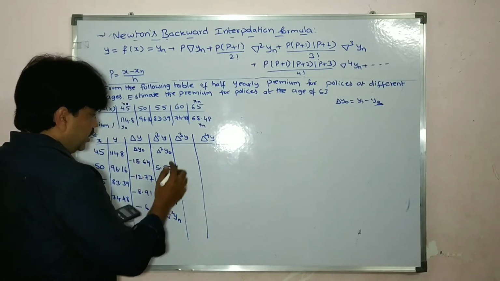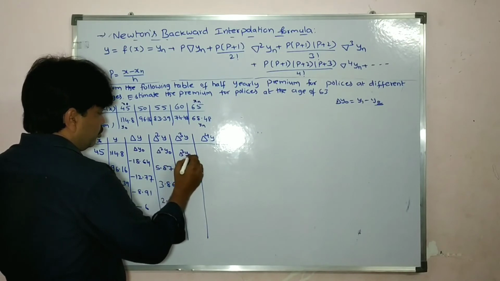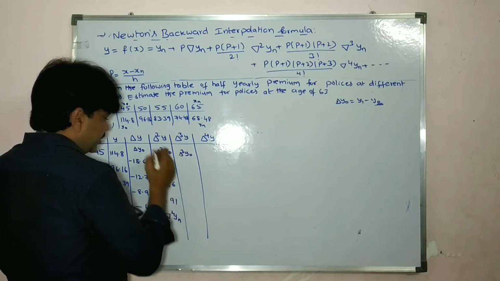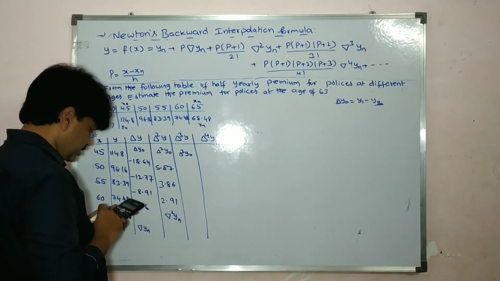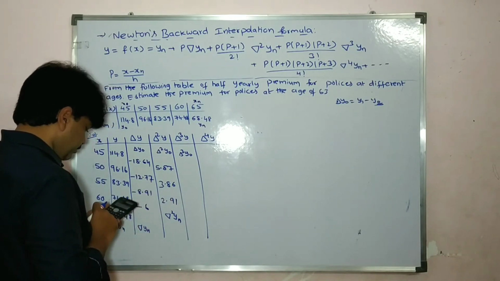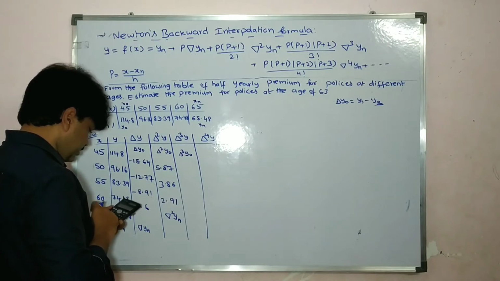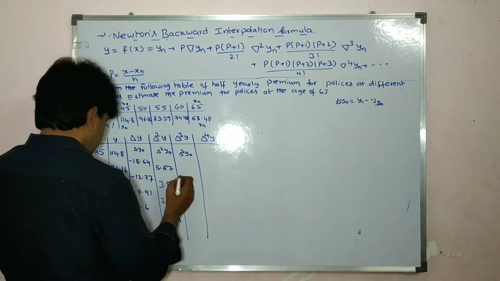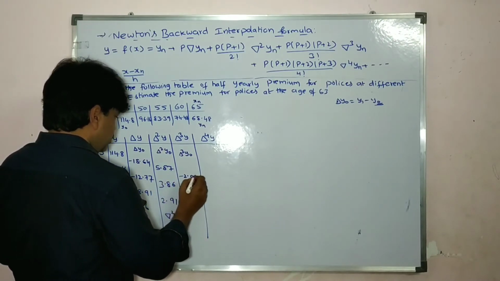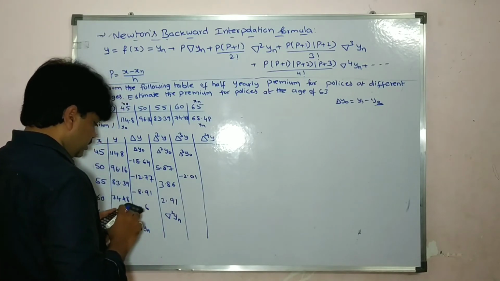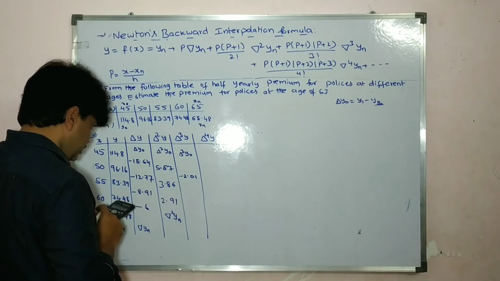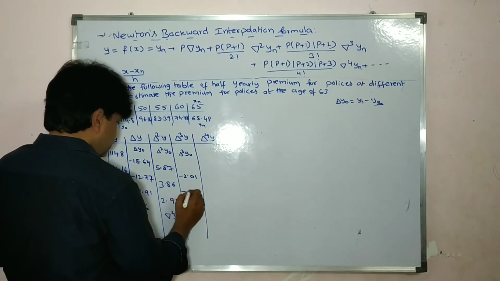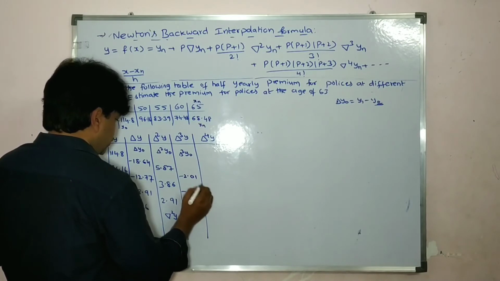Now del cube y naught, students: del square y1 minus del square y naught, so 3.86 minus 5.87 is minus 2.01. Then 2.91 minus 3.86 is equal to minus 0.95.